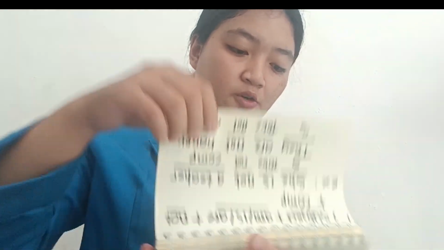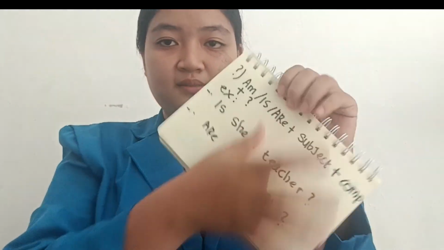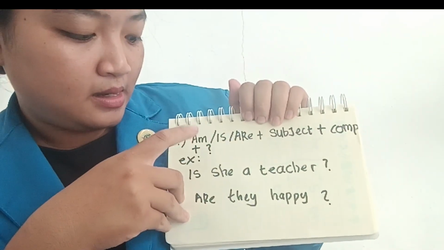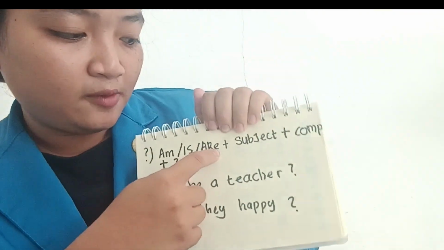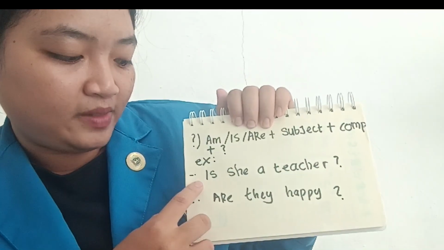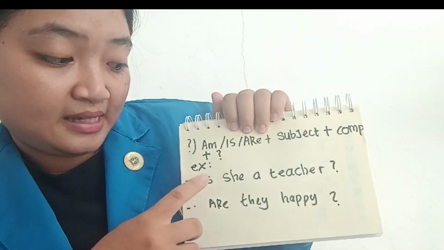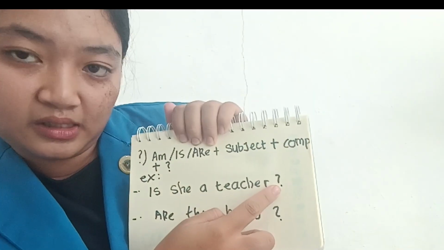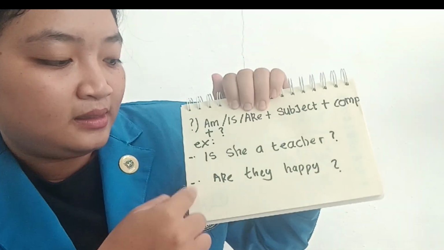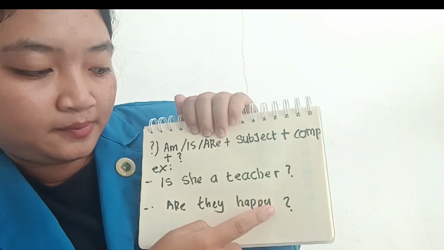Now we move to interrogative tense. The formula is is or are plus subject plus the complement. For the example: is she a teacher? And are they happy?